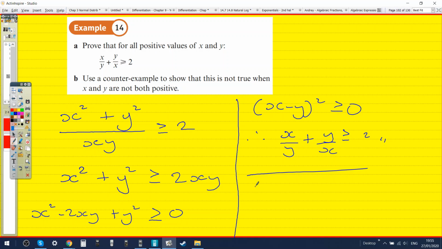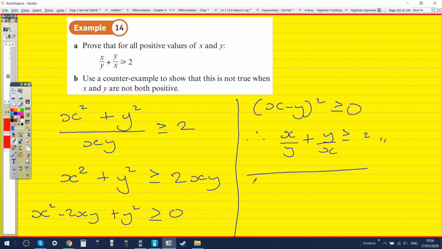Yes. We're trying to find a counterexample, so we're trying to get a number that's less than 2. How do you go about that? Any way you could end up with a number that isn't greater than 2? One negative number, one positive number.